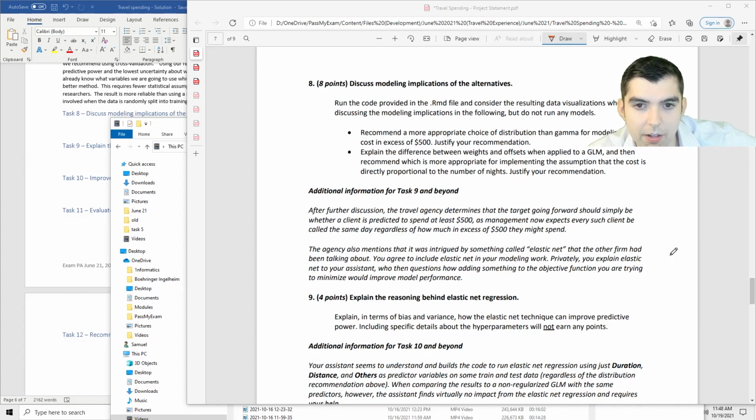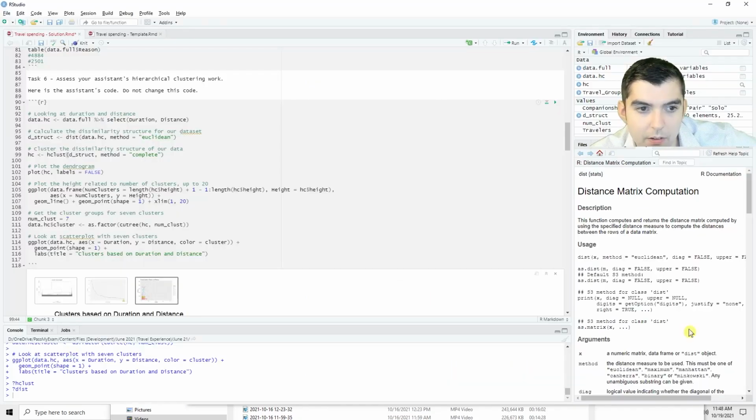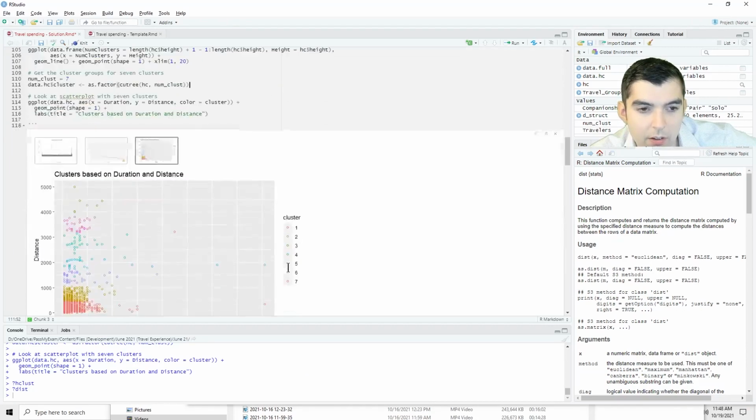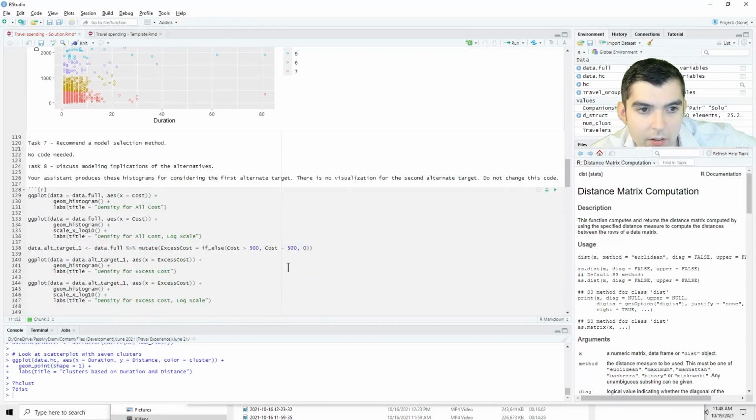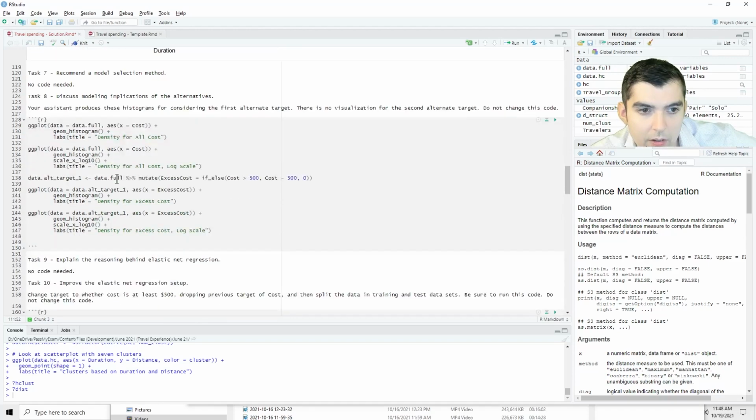Run the code provided in the RMD file and consider the resulting data visualizations when discussing the modeling implications in the following, but do not run any models. Okay, so let's look in the file. Discuss modeling implications and their alternatives.